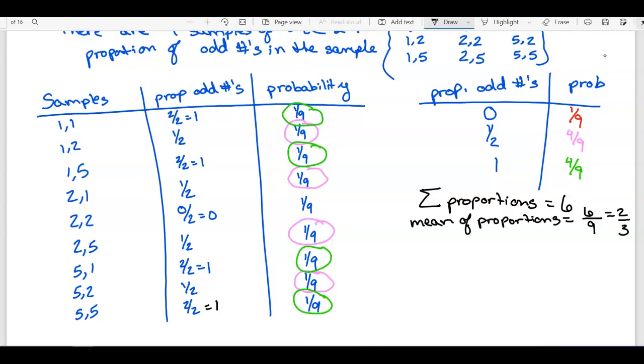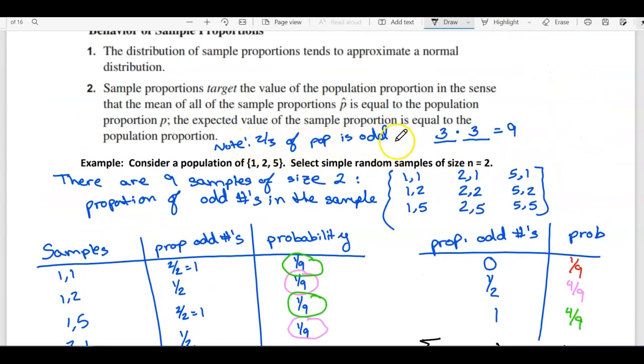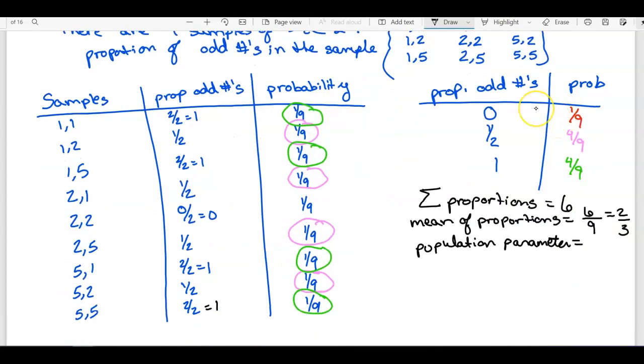So remember when we looked at that population parameter earlier? We looked at what was the proportion of odd numbers in that population, and we had 2 of the 3 that were odd. So check this out. The mean of the proportions and the population parameter are the same thing.